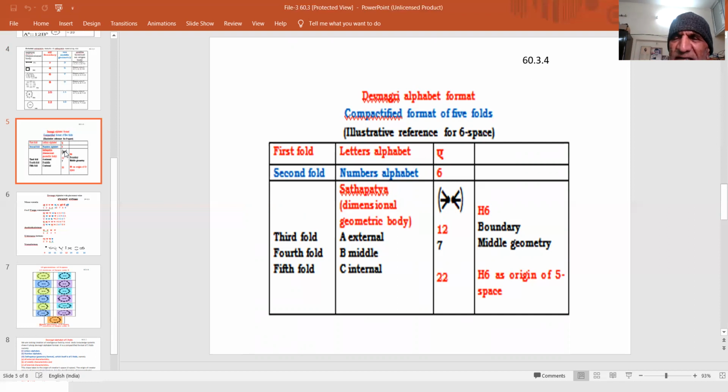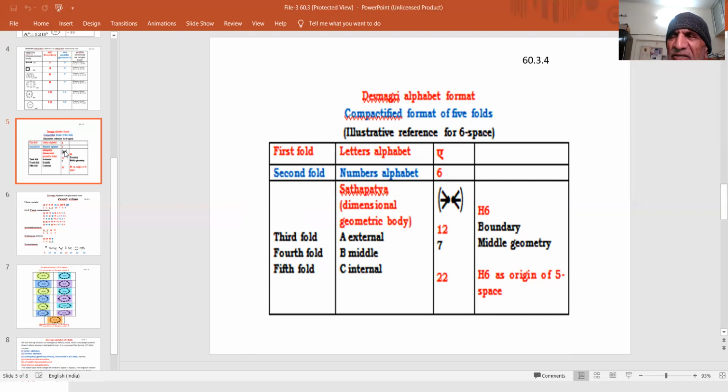So the translation of the first letter in numbers alphabet takes us to number value 6. From here, we go to the Sathapatya geometric formats, and value 6 takes us to 6 space. From 6 space, we reach hypercube 6, the representative regular body of 6 space.